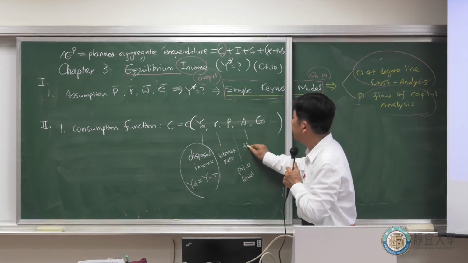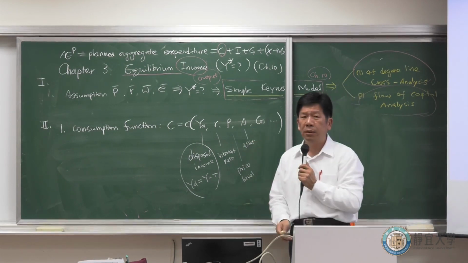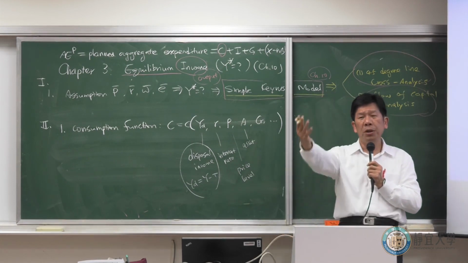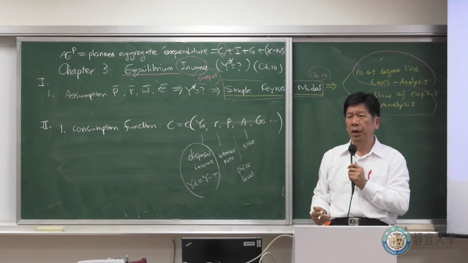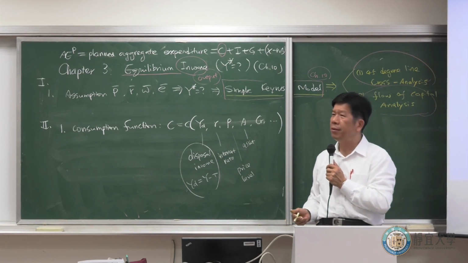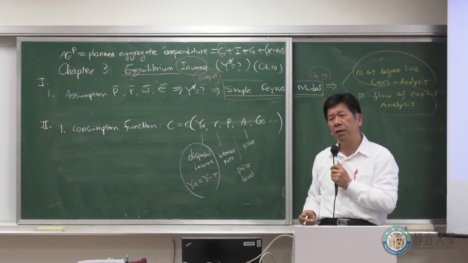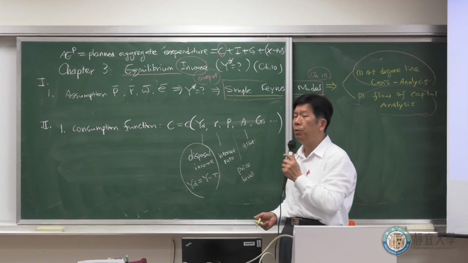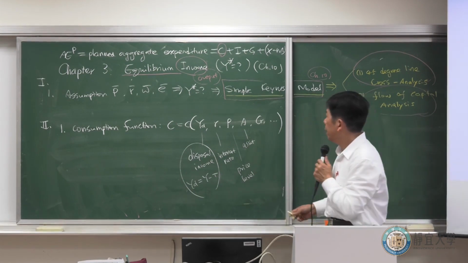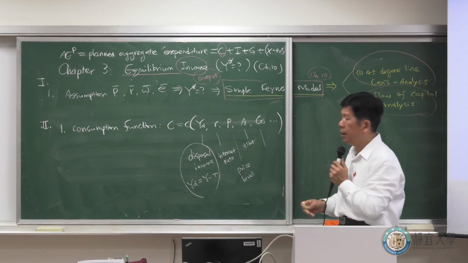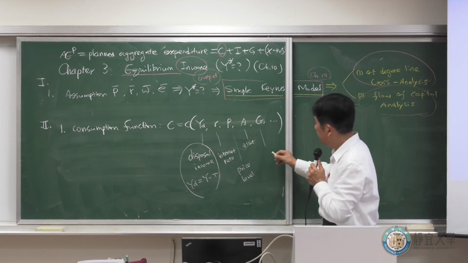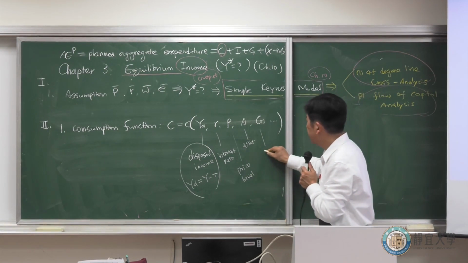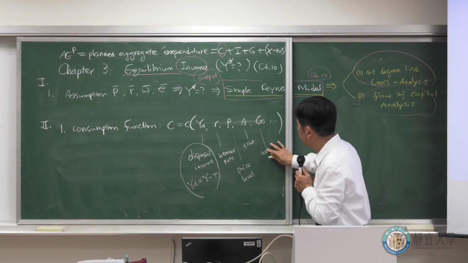A means assets. Maybe you become richer. You have a house, or you have a car, you become a rich person. So you can do more consumption as well. And this is the available consumption instrument.